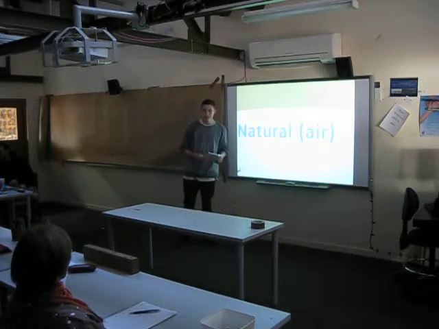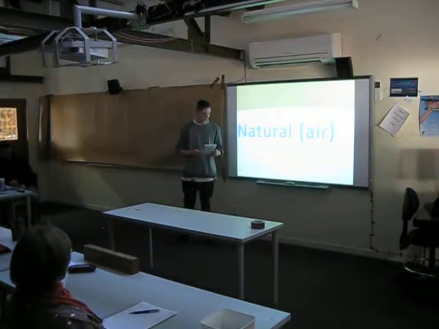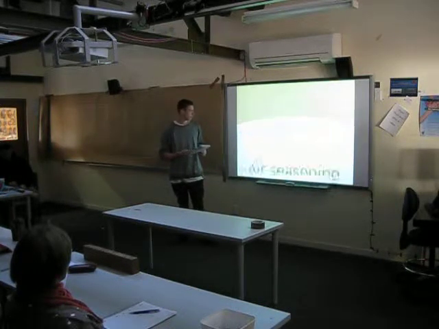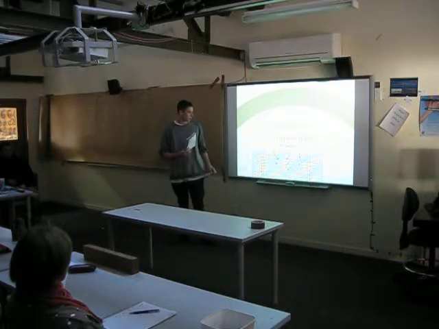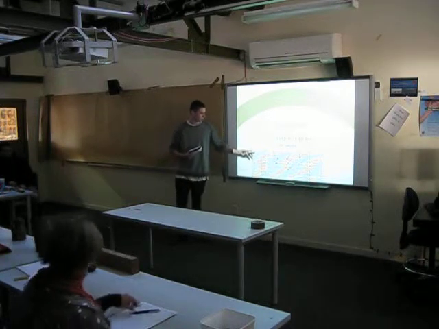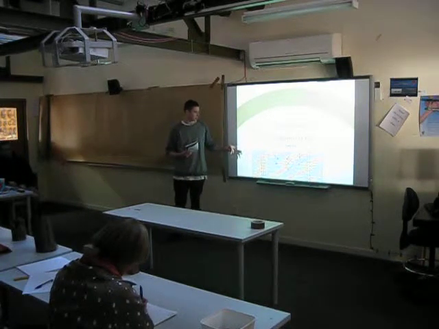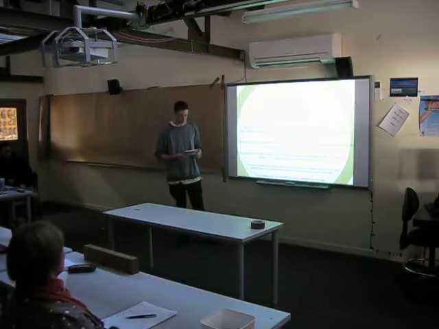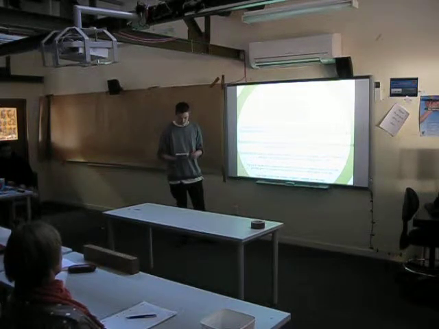There are two main ways of seasoning timber. First, natural air. This shows how it's stacked in the air current and how it flows through. You need to make sure that it's stacked stably.